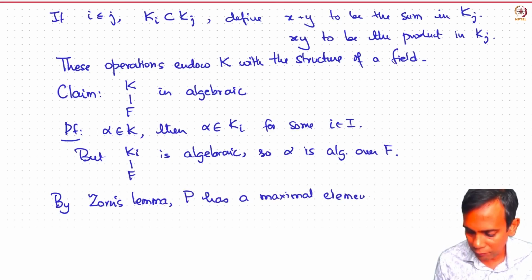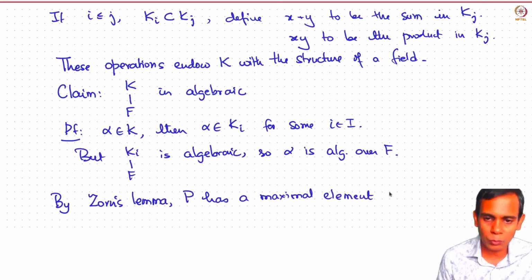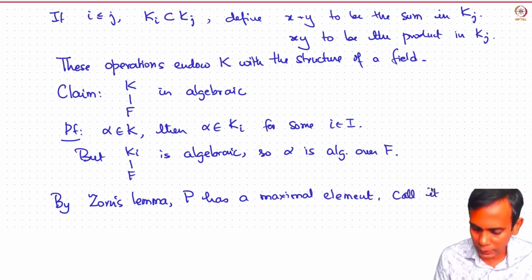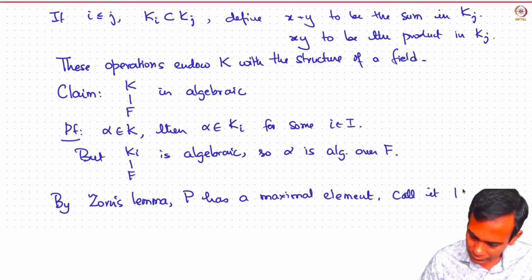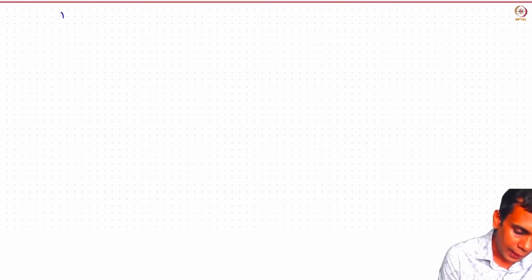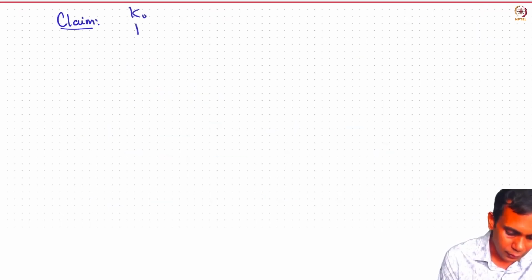It would typically have more than one maximal element, but has at least one maximal element. Choose one maximal element and call it K0. I claim that K0 over K is an algebraic closure.